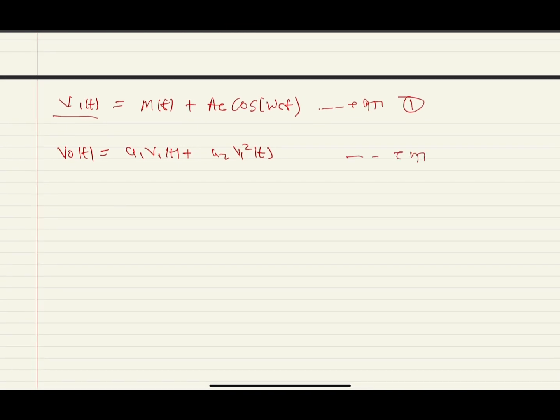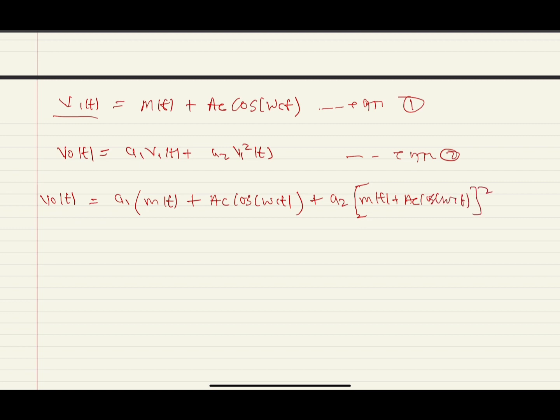If we make this equation 2, we can substitute equation 1 into equation 2, of which we are going to get V naught of t equal to A1 into brackets M of t plus A_c cos omega_c t, plus A2 into brackets M of t plus A_c cos omega_c t all squared.